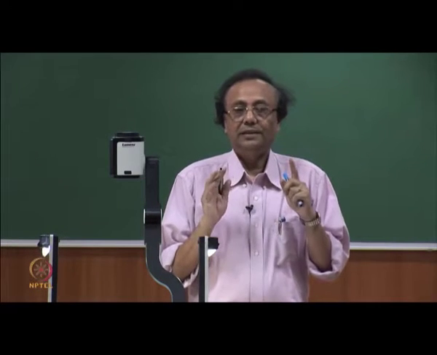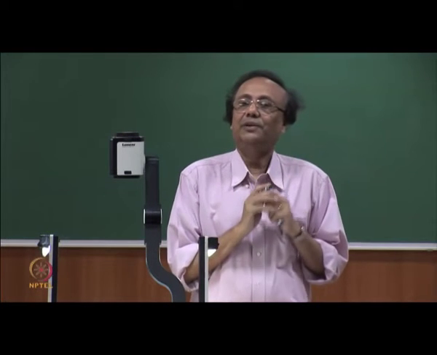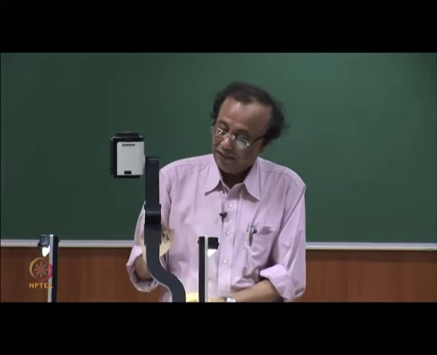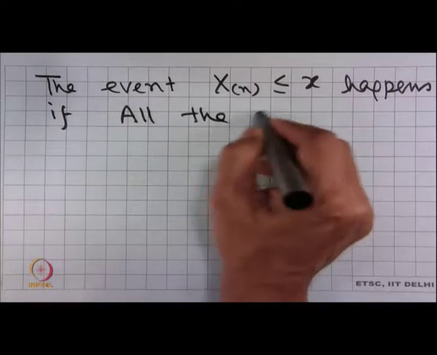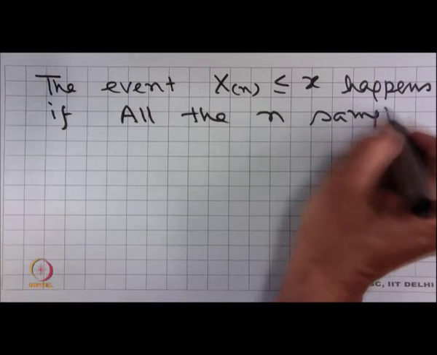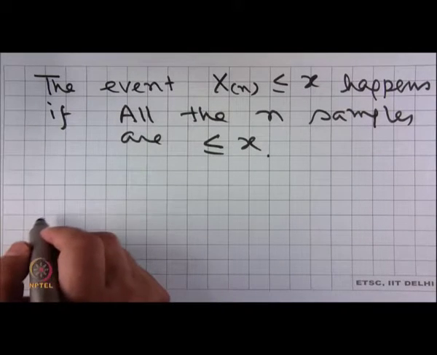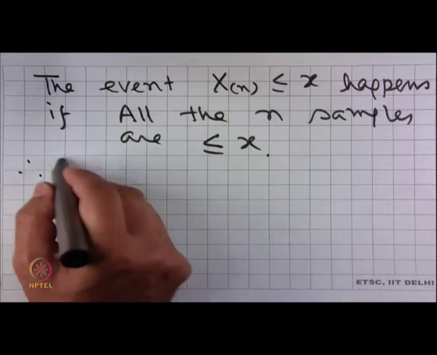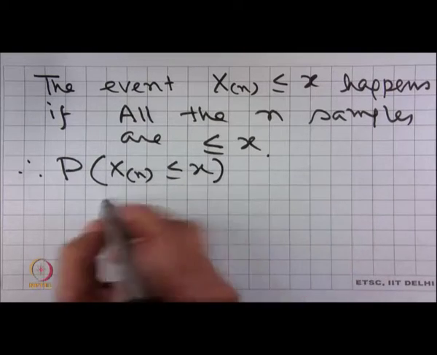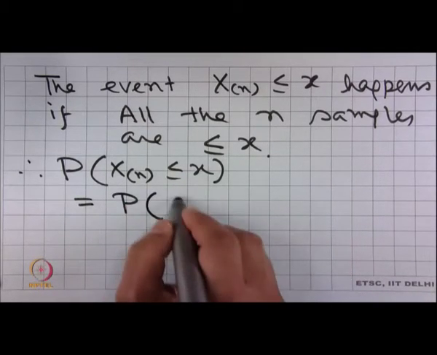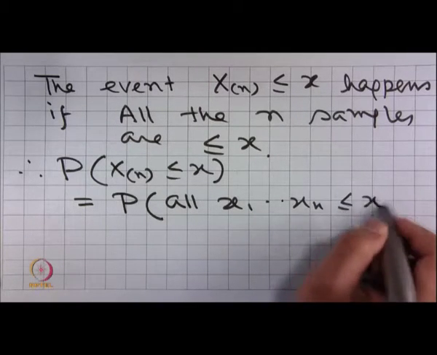That means all the n samples are less than or equal to x. Therefore, probability x n less than or equal to x is equal to probability all of x 1, x 2, up to x n are less than or equal to x.